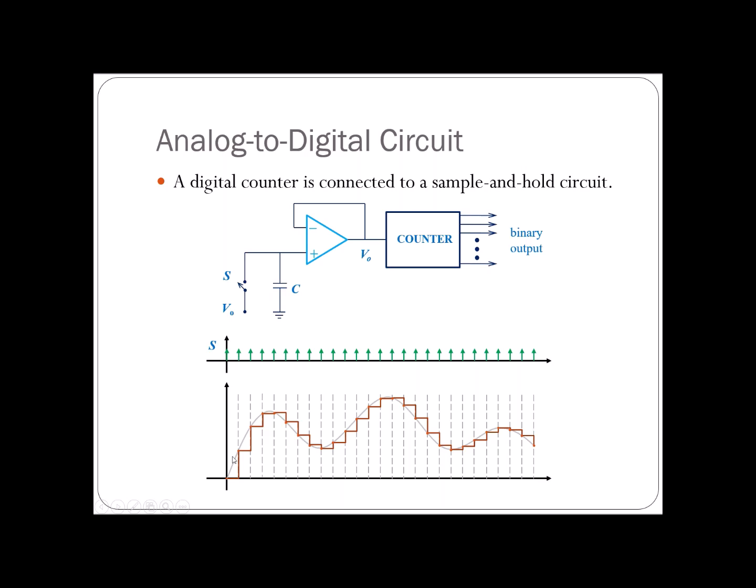So instead of having a continuous value in here in which you can record at any point here, apparently in an analog to digital circuit, it only records at a certain interval as well.